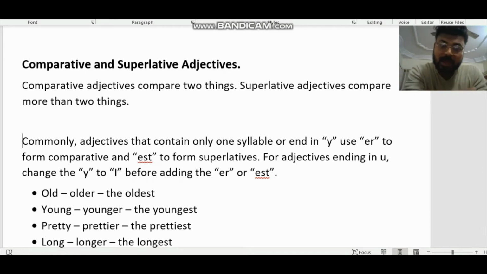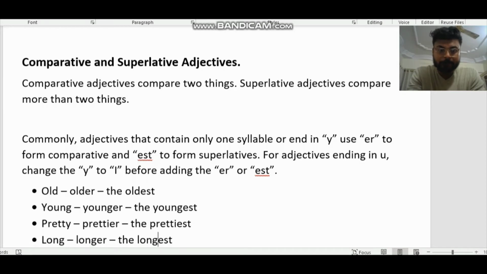Why have I written the here? Because the is specifically used to specify a word, right? So the oldest, young, younger, the youngest, pretty, prettier, the prettiest. In these forms, this one is the simple form, the adjective. This is the comparative degree, which is the comparative adjective, and this one is the superlative degree, which is the superlative form.